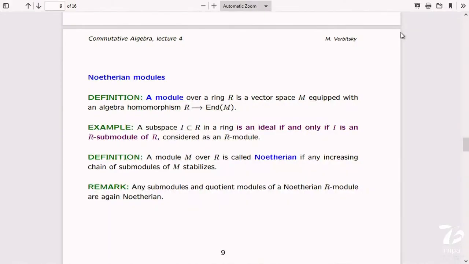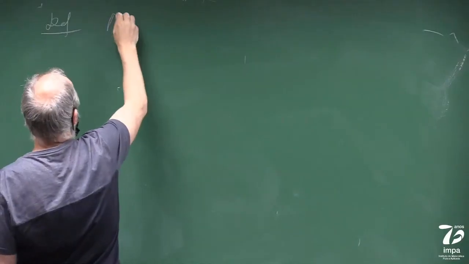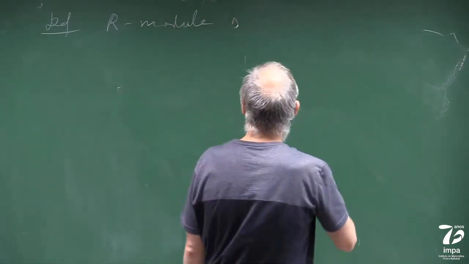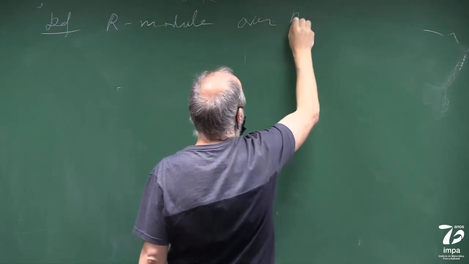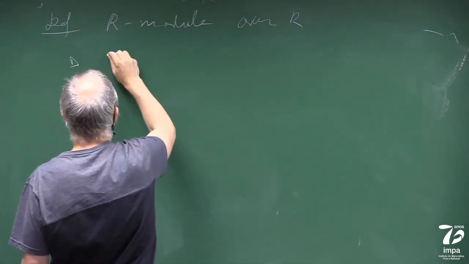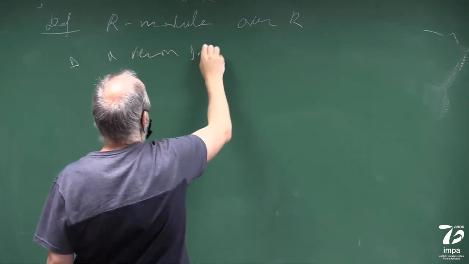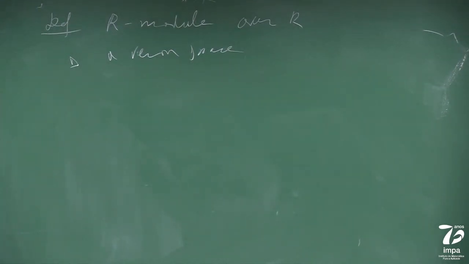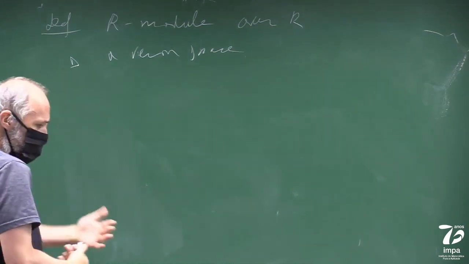Why this idea of Noether is so powerful is because you can apply Noetherianity even to modules. So definition: an R module over a ring is a group or a vector space. When I speak of a vector space, I mean that we always consider rings over a field. Otherwise, it would be an abelian group, if it's a Z module, for instance.